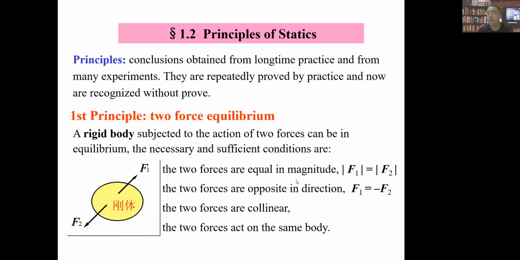In the reverse direction, if we have a body with two forces acting on it that have equal magnitude, opposite direction, and are collinear, then the rigid body must be in a state of equilibrium. That is the necessary and sufficient condition. We explained this in detail last time, so let's continue.